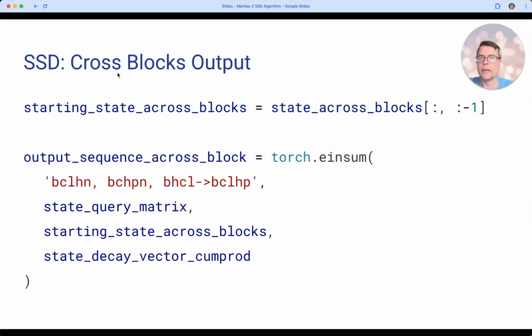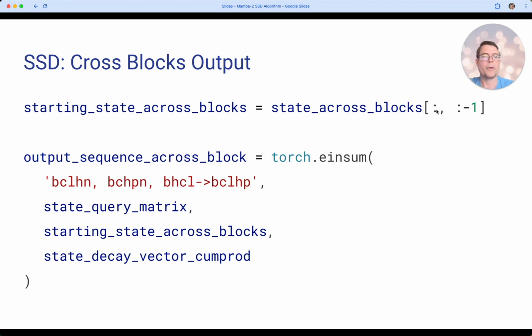And then calculating the cross block output. Here, we're keeping the batch as is. We're taking all of the state except this -1. So basically, we took the last element of that state and returned it as the final state.